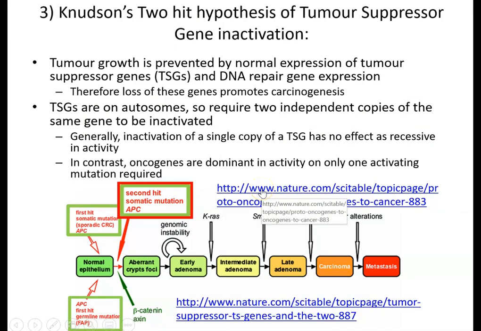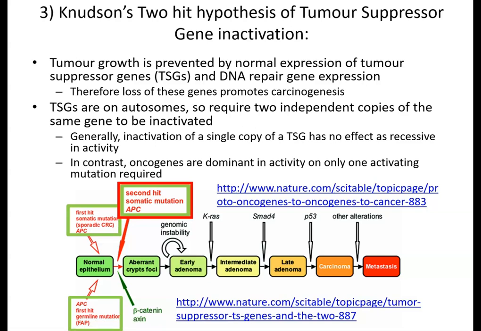Quite often the first event in tumour formation is the loss of a tumour suppressor gene, so it's worth revisiting, or visiting for the first time, Knudson's two-hit hypothesis of tumour suppressor gene inactivation, because there are two copies of almost all tumour suppressor genes, and they are recessive in their activity.